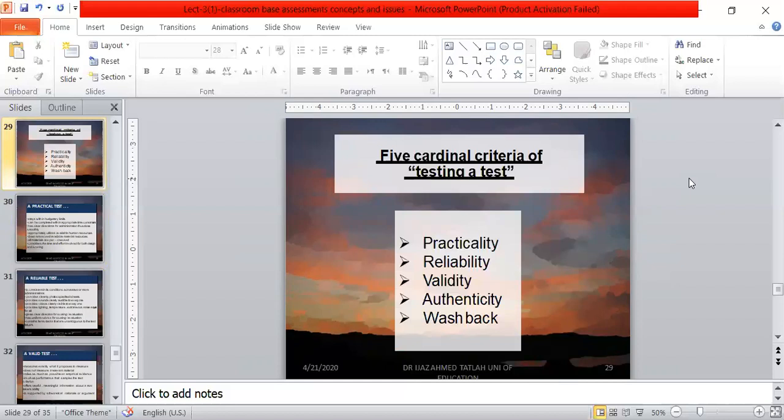So cardinal criteria for testing a test are practicality, meaning the test being used for the assessment should be practical, reliable, valid, authentic.